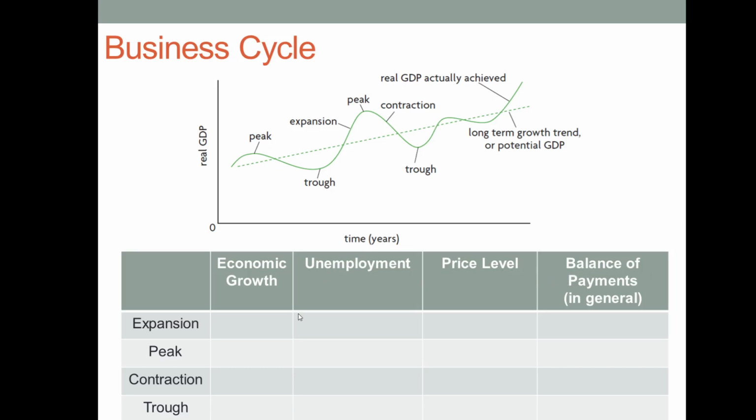So that's why aggregate demand is the main reason why you have this fluctuation over here. So economic growth, well, let me try to finish the table here because I haven't put the answer over here. Wait a second.